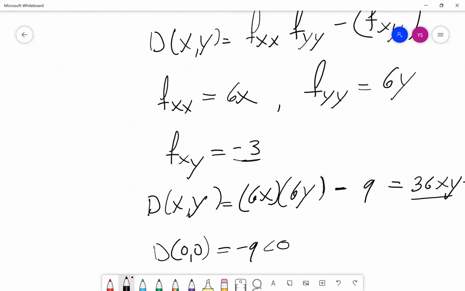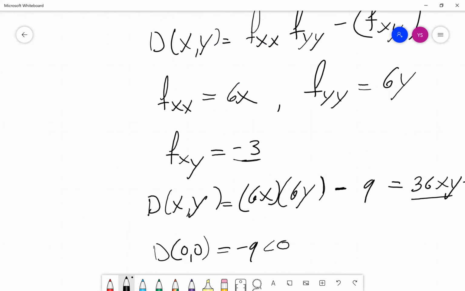Let's try this for 1, 1. So what is D of 1, 1? Well, that's going to be 36 minus 9, which is bigger than 0. So we know that it's either a min or a max. So how do we determine which one it is? Let's look at the partial with respect to x twice.